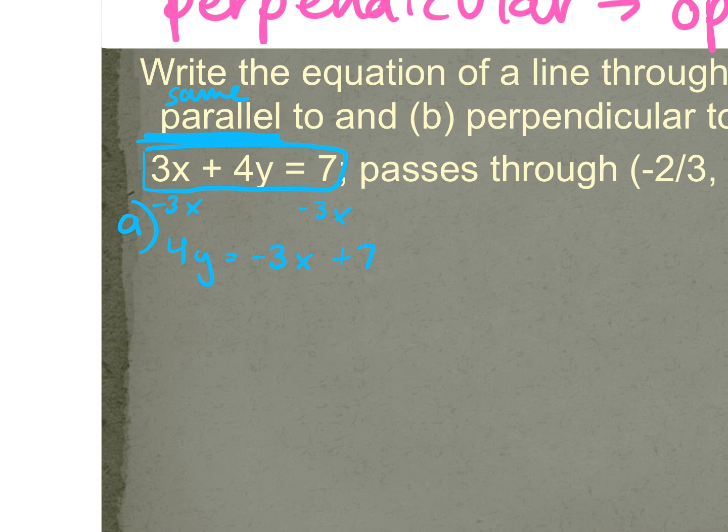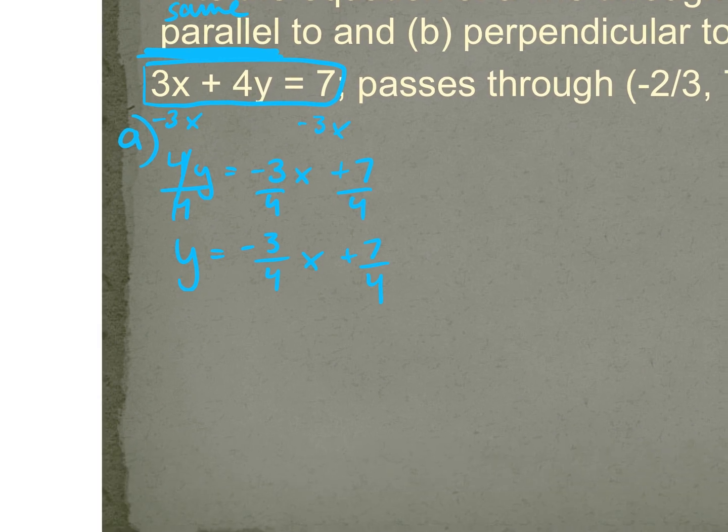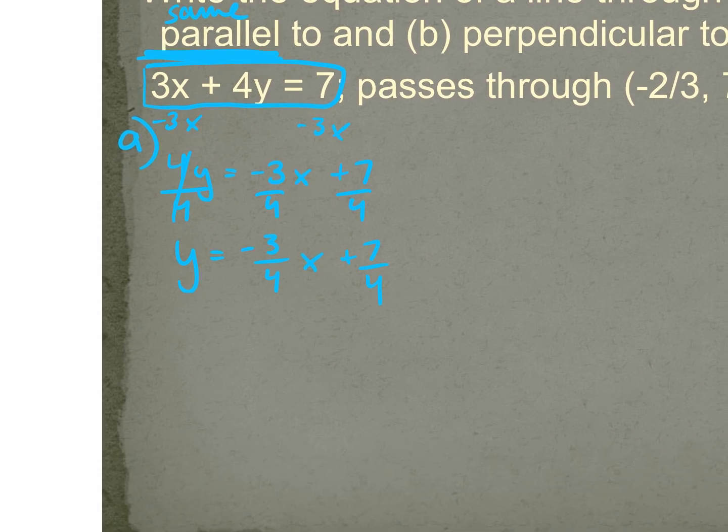What would we do next? Divide by 4. So y is equal to -3/4x plus 7/4. Now here, all we care about is the slope from this line. What is our slope?